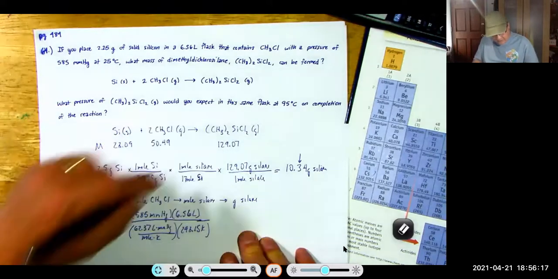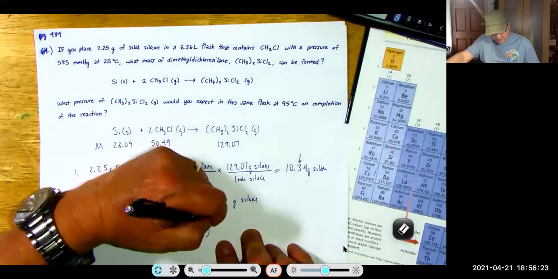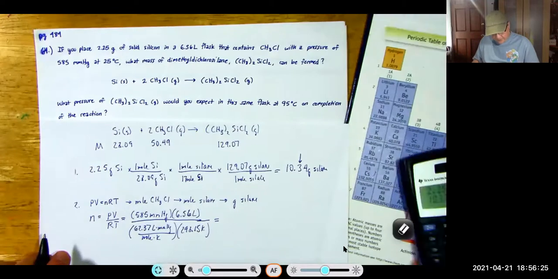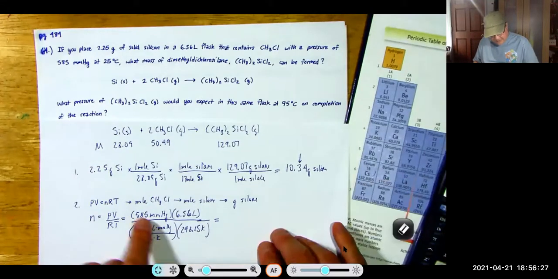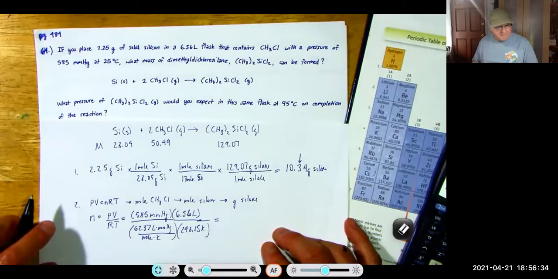Okay, so that'll give us the moles of, if you will, CH3Cl. So let's see what we get here. Roughly that'll go into that 2 times. 2 times 6.56 is 13. 13 will go into 62 something like 5 times.